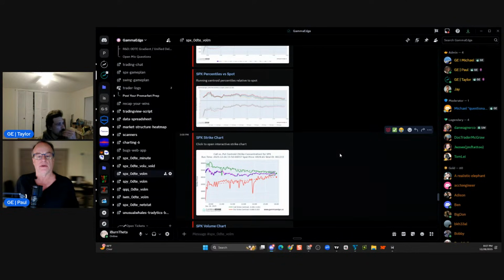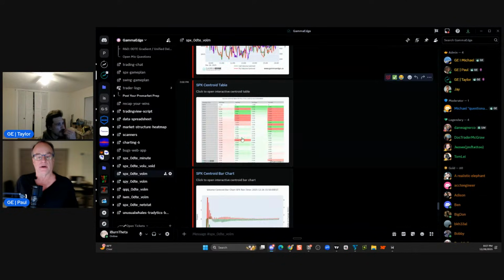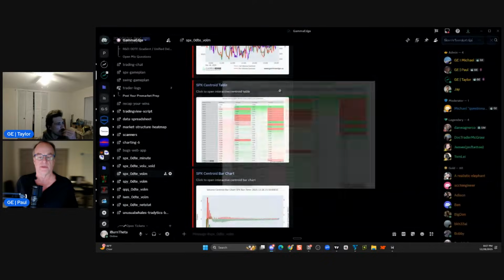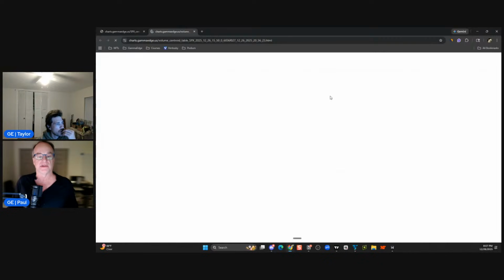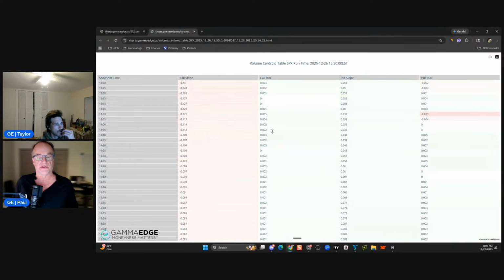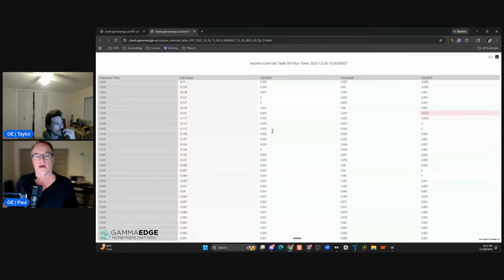Keep going a little bit more. There's a table in there. That one. Yeah. The blue. You'll need the blue one, actually, because later in the day it scrolls off and then scroll up. There you go. You can see the ROCs are all hovering right around 0, 001, 002, plus minus whatever. So flat.